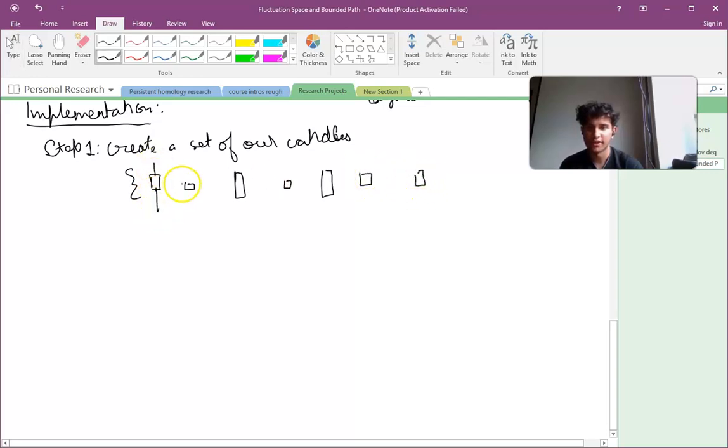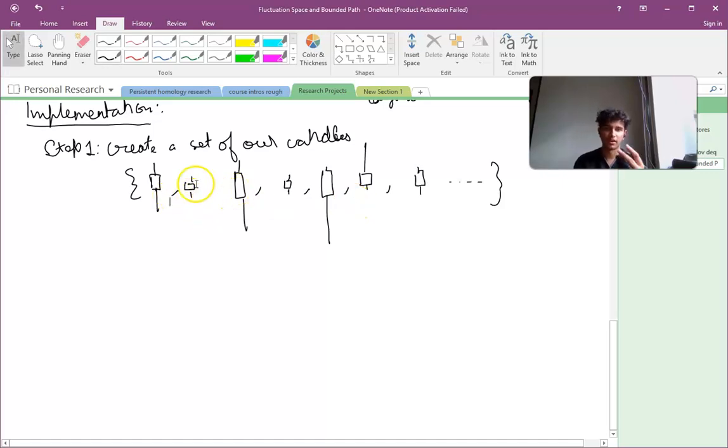And they all have varying wick patterns. Okay. Two observations. This is a finite list, because we're considering a finite amount of stock data at a time. And yeah, note that this is unordered.